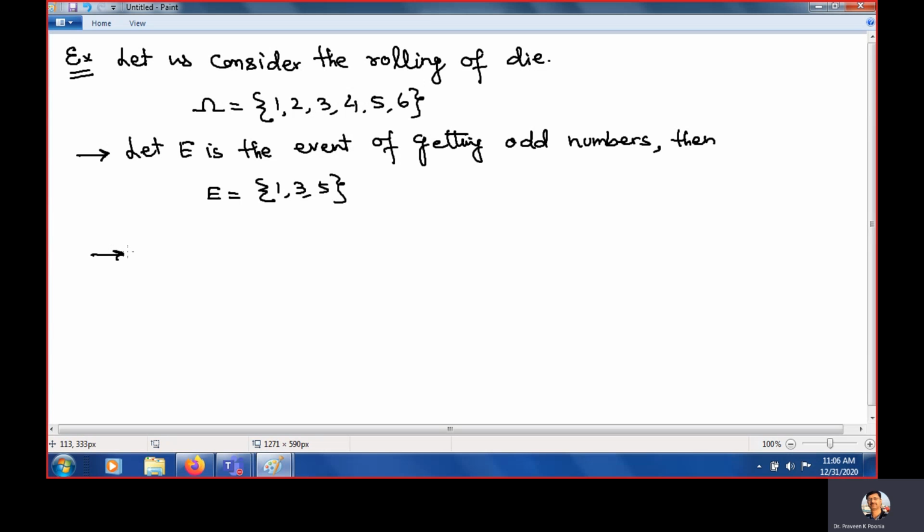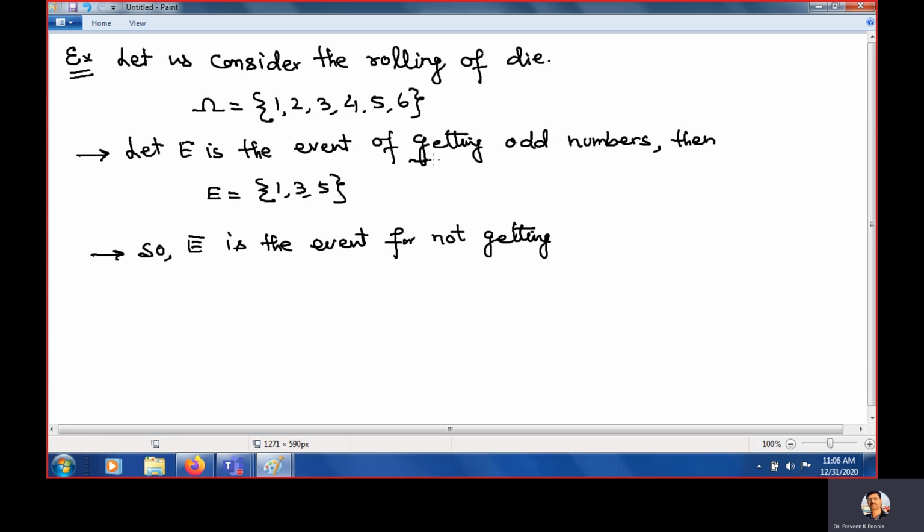And if we want to write about E bar, E bar is the event of not getting odd numbers, because it is the complement.